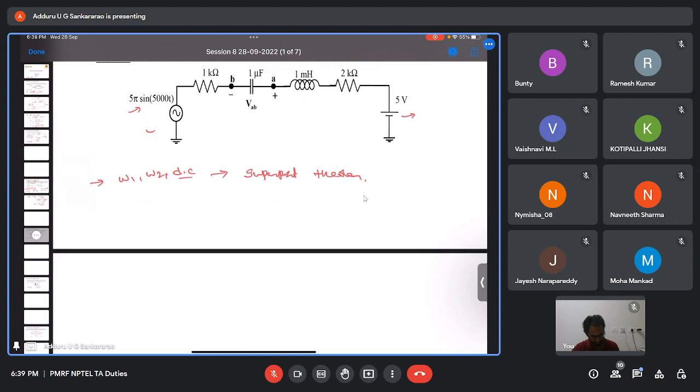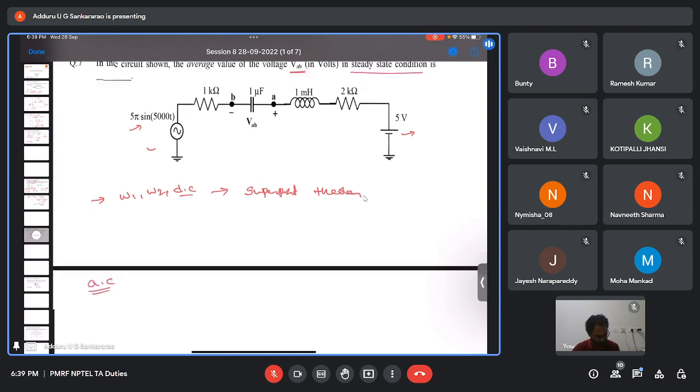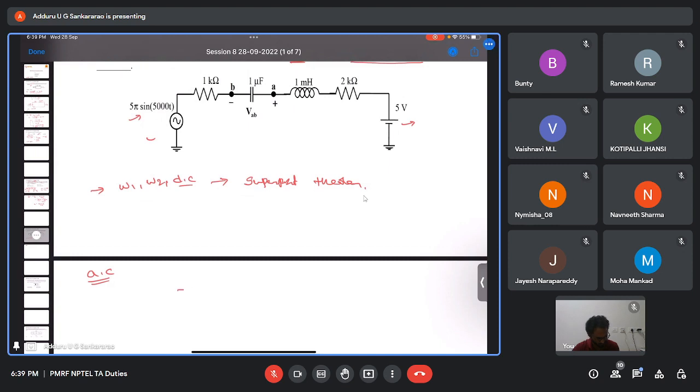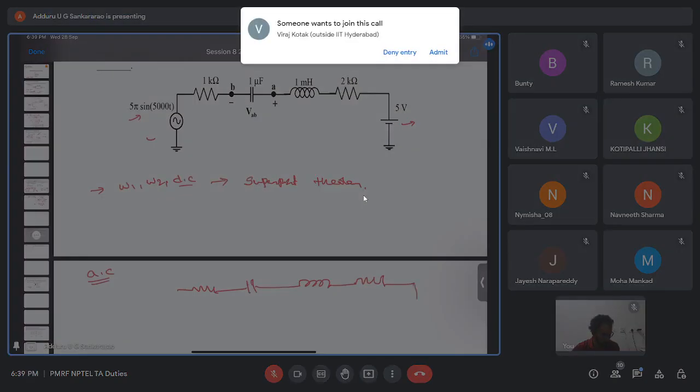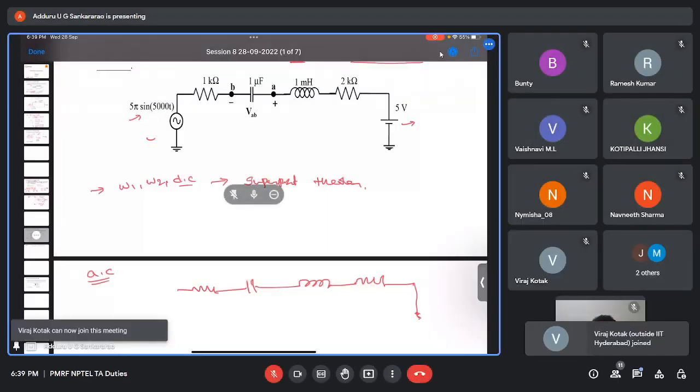So we will first consider the AC source. When you consider the AC source, we need to deactivate the DC source. Deactivating the DC source means short circuiting it. Here, the voltage source, I'm just short circuiting.